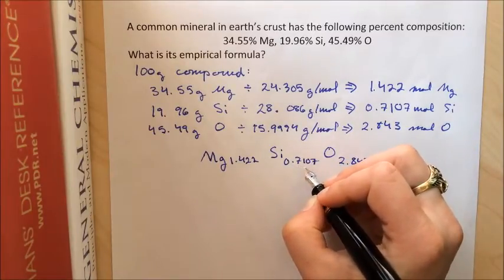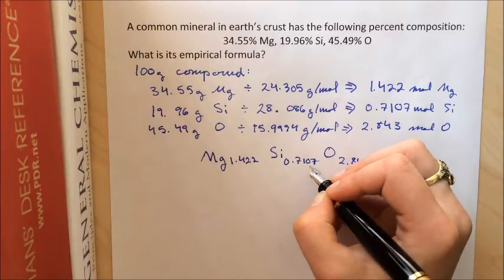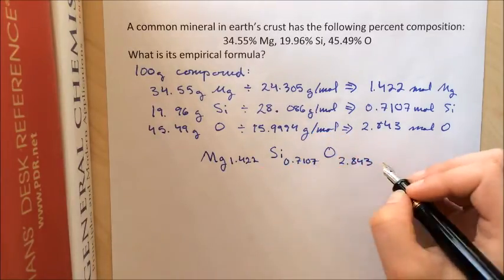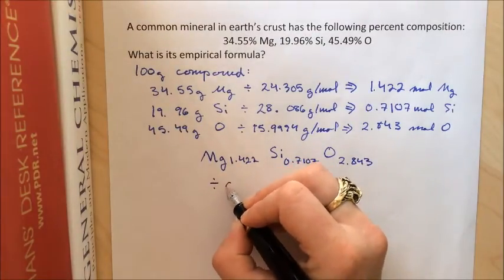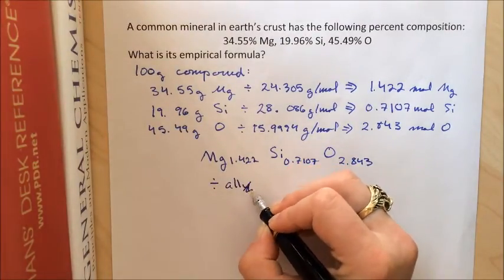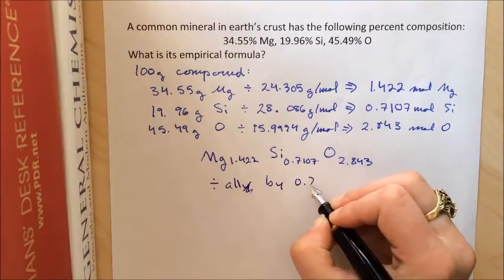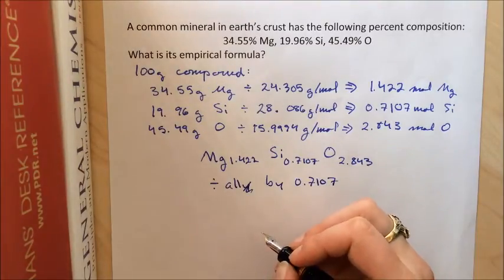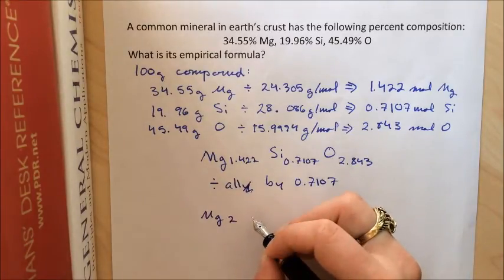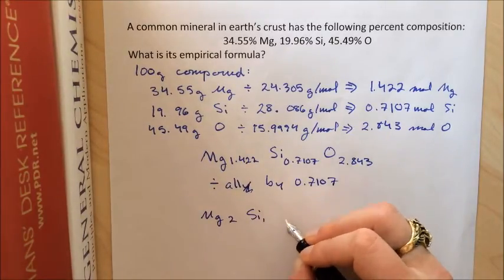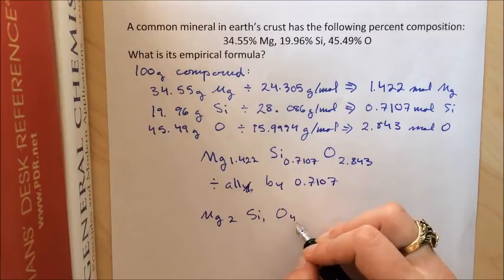The 0.7107 is the smallest subscript, so we're going to divide all of those subscripts by that particular value. If we do that, we get magnesium 2, silicon 1, oxygen 4.